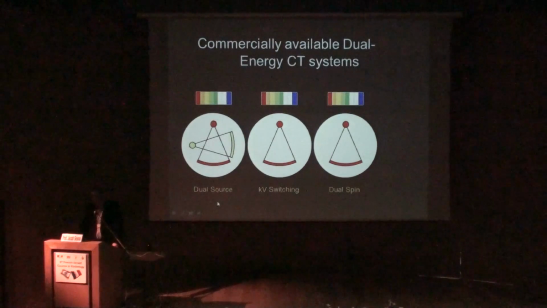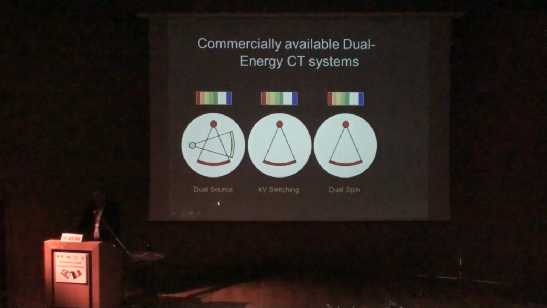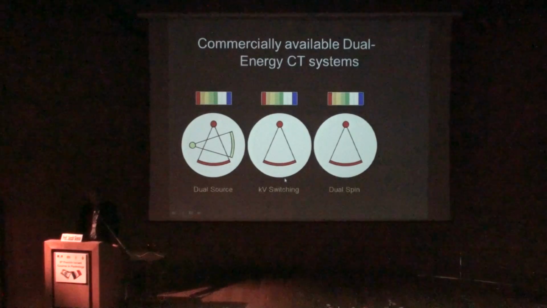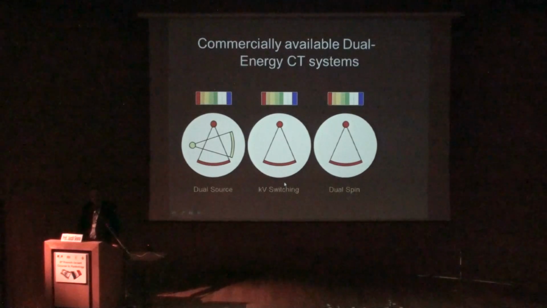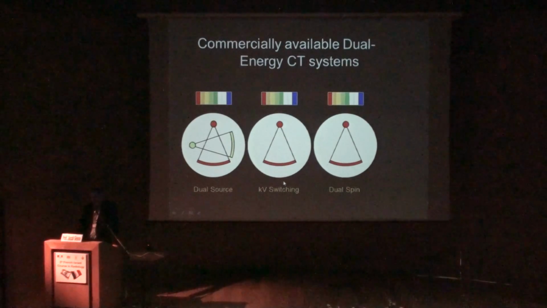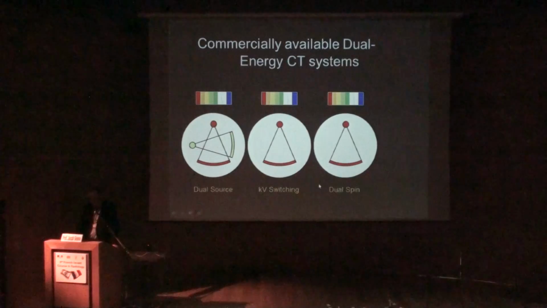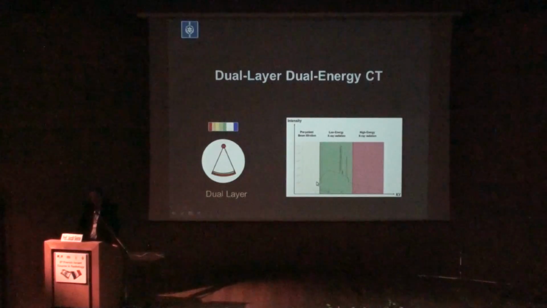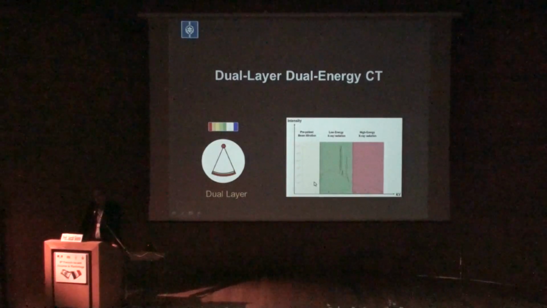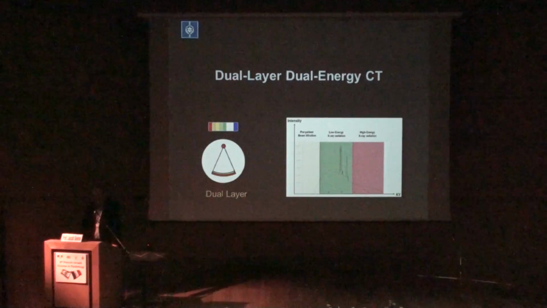So just schematically, the dual source, two tubes around the patient; rapid kV switching, with different energies, 80 and 140 kVp alternating; the dual spin, which is the full rotation around the patient; and the dual layer, which is two detectors, one above the other.